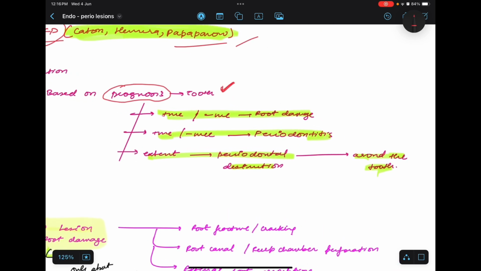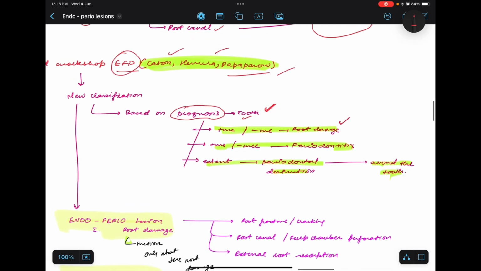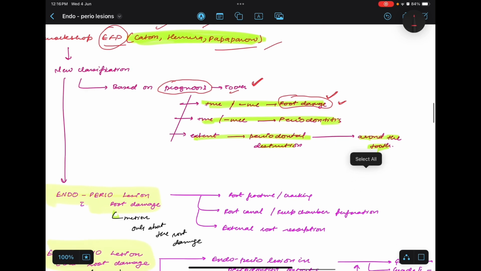Now moving on. Basically, the prognosis of the tooth depends on the presence or absence of root damage. We all know if root damage has already occurred to a tooth, then the prognosis would most of the time be poor. So this is the first thing. The second thing is the presence or absence of periodontitis.